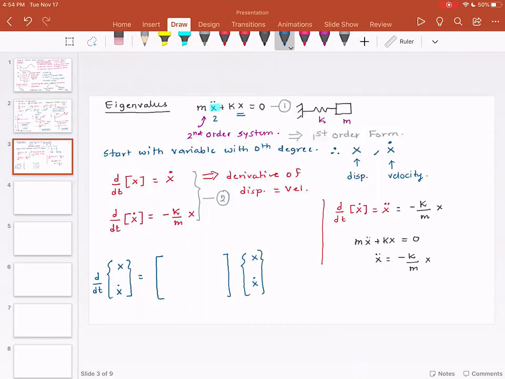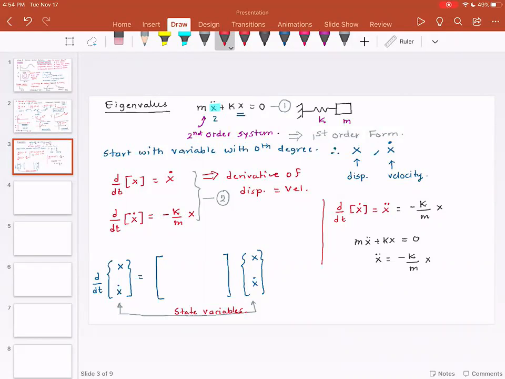Now please note that I have the same variables on the left hand side and the right hand side, except I have the derivative of the variables on the left hand side, and these are called the state variables. So I have the derivative of states on the left hand side and I have the states on the right hand side.